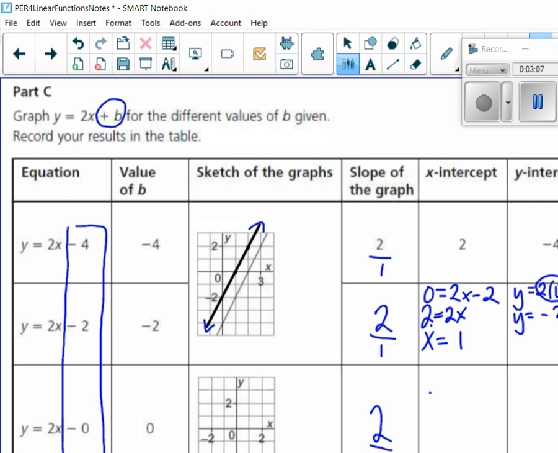Does that make sense? So the y-intercept's just the number after the 2x. What else can I read very clearly in y equals mx plus b form? The slope. I'll use a different color pen here. This is my slope. This is my y-intercept.